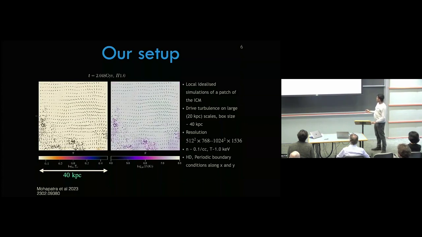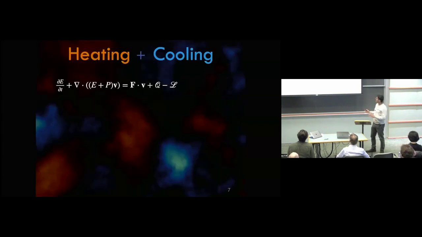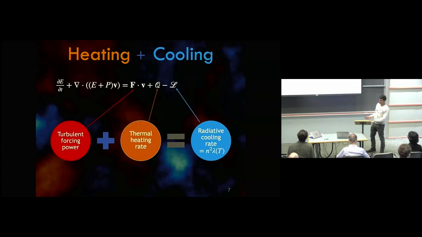Okay. Now there is another magic heating term in these simulations. Essentially, in each shell of these simulations, we calculate the total turbulent forcing power, and then we calculate the total radiative cooling rate. To prevent the entire simulation from undergoing a global collapse, we add some heat to each shell.